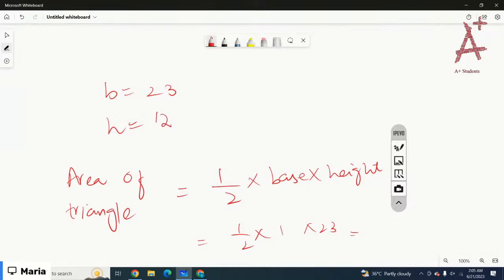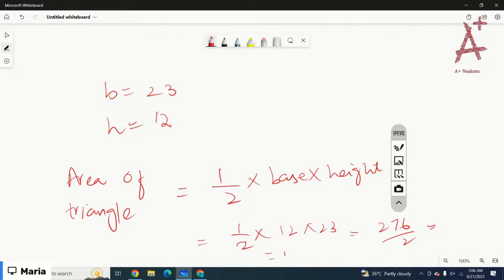It would be half times 12 times 23. Got it? Just multiply them and divide them by 2. 12 times 23 is 276, and 276 divided by 2 is 138. That means the area of the triangle is 138.